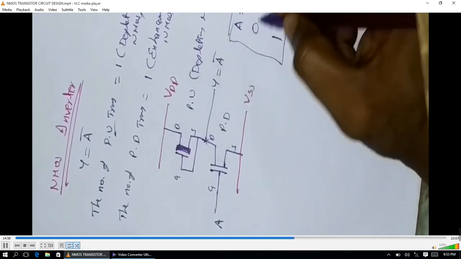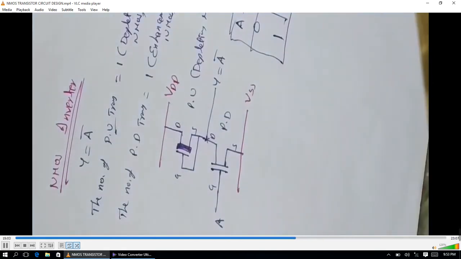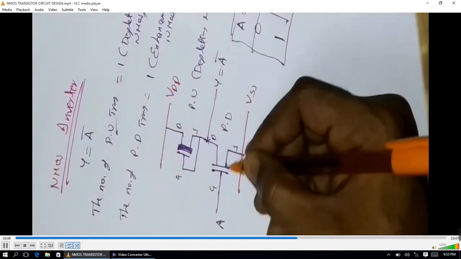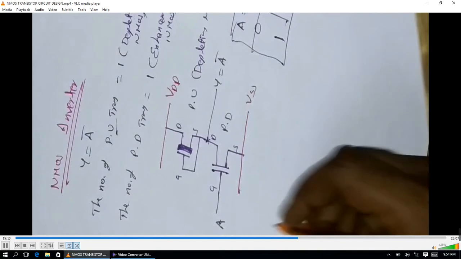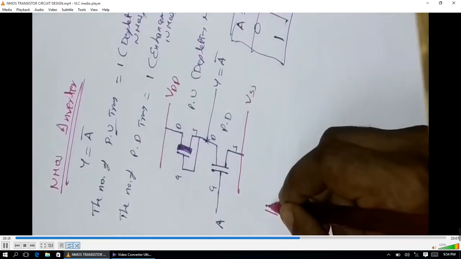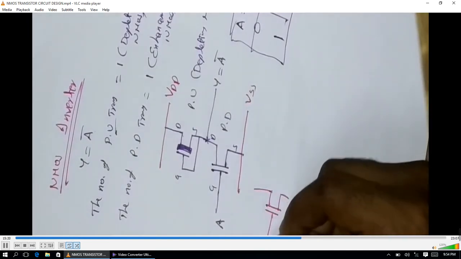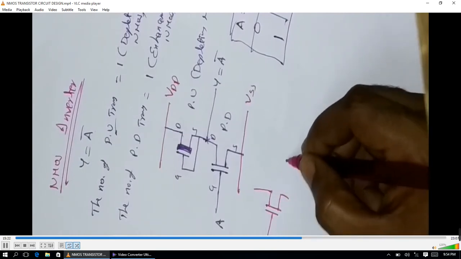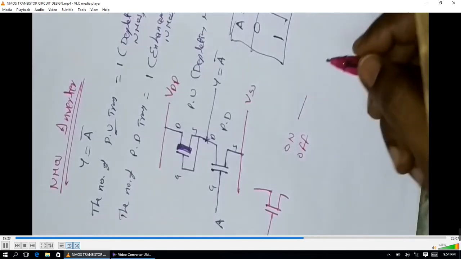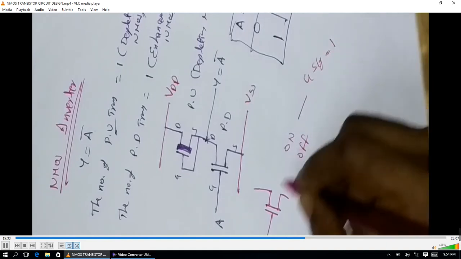Now we can verify whether our designed circuit generates the truth table or not. Before going to this operation, we must know how the transistor operates. The NMOS transistor is operated as either an on switch or an off switch. When the gate signal is 1, then only the NMOS transistor is on.